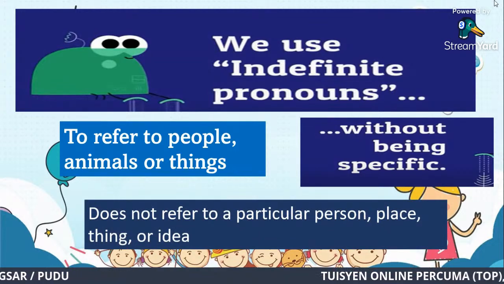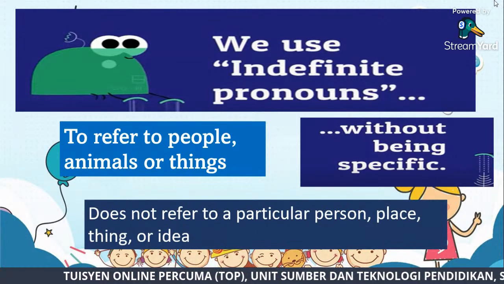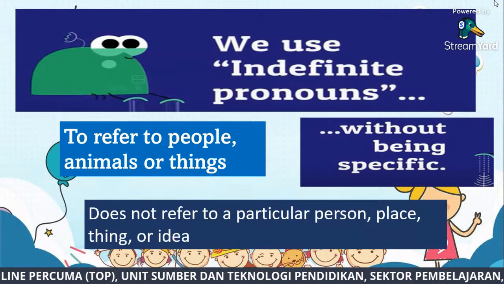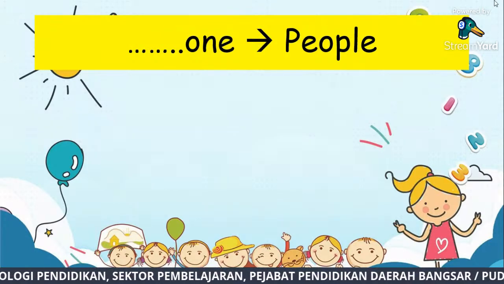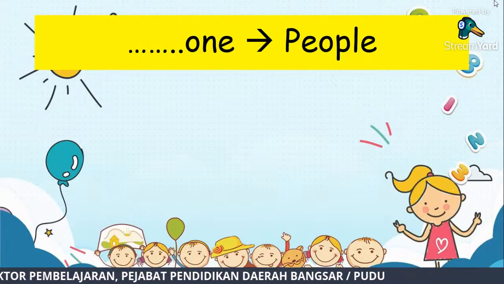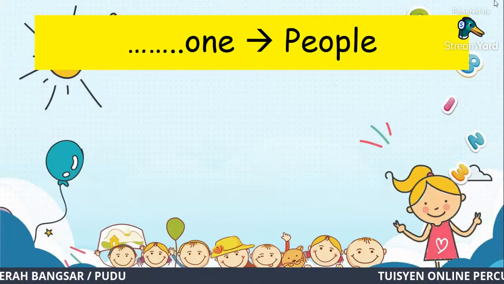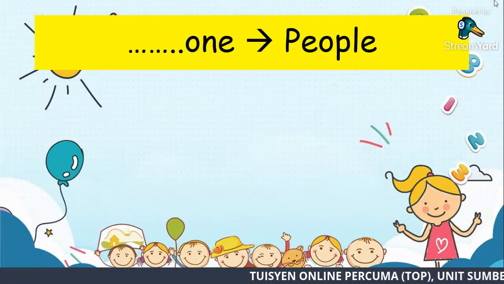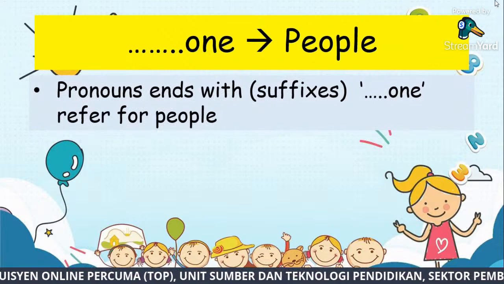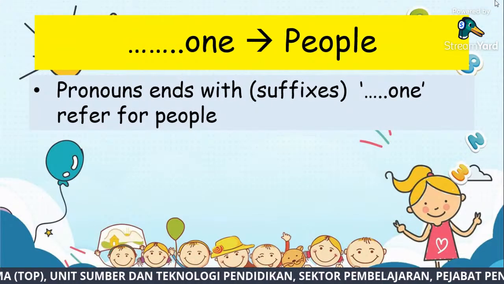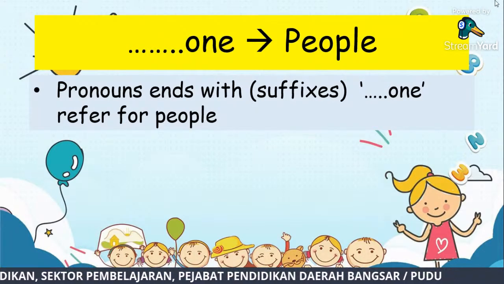As I said just now, it does not refer to a particular person, place, thing, or idea. When the indefinite pronoun ends with one, it is simply referring to people. We call these suffixes. Pronouns ending with one will always refer to people.